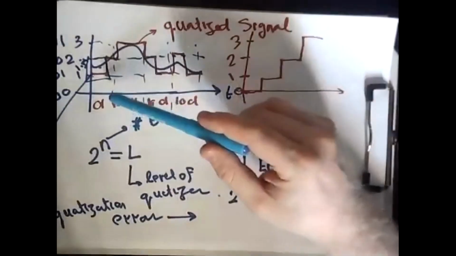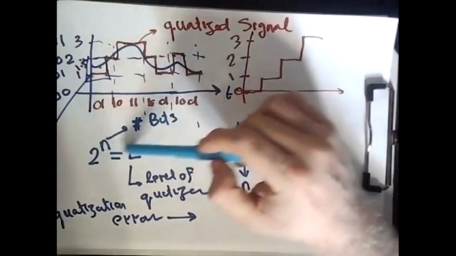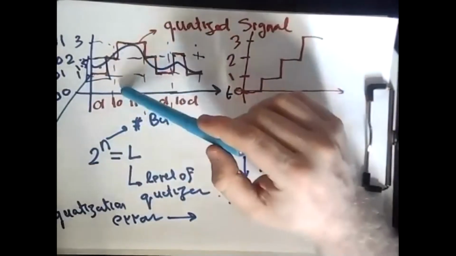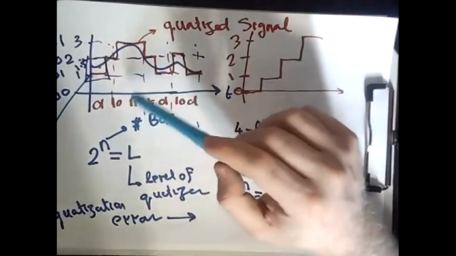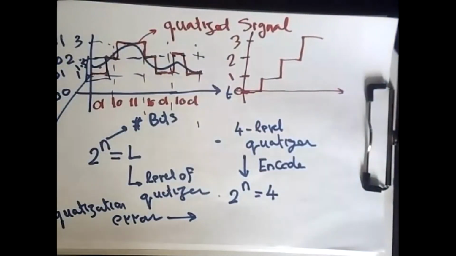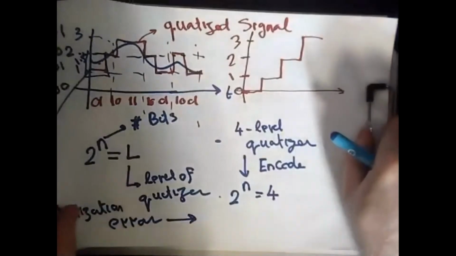So now you have this formatting of bits. Now the question is, how am I going to represent this? Let's do an example.